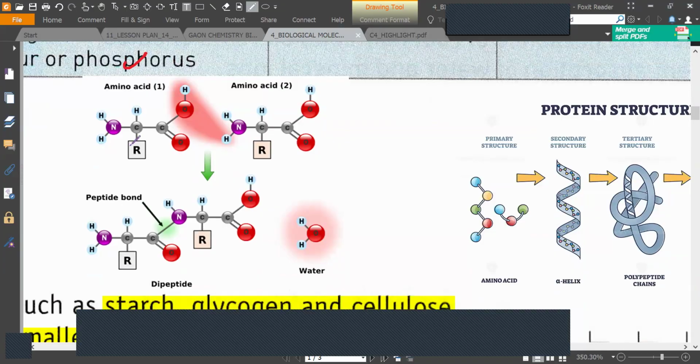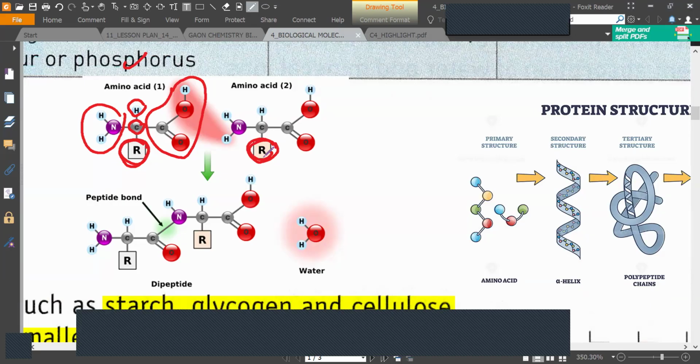We have the central carbon, and then we have an amine group at the side, and a carboxylic acid at the other side. This is what we call an amino acid, and then we have a single hydrogen here, and this R group will be different for different amino acids. When we have different amino acids, they have different R groups.